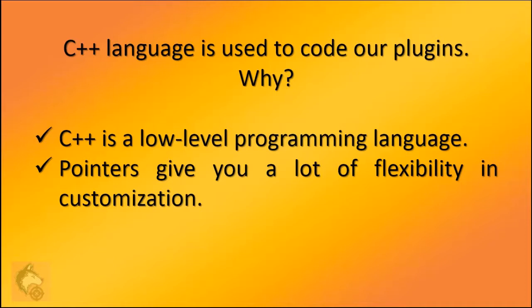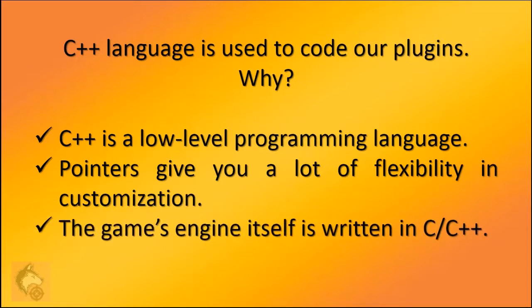There is something inaccessible in TRNG that you can't customize using only a script. You can't handle that specific event. And pointers act like tunnels between your plugin, the TRNG engine, and the game you're customizing. So we will discuss this technically in the future, so no worries if you don't know what a pointer is.